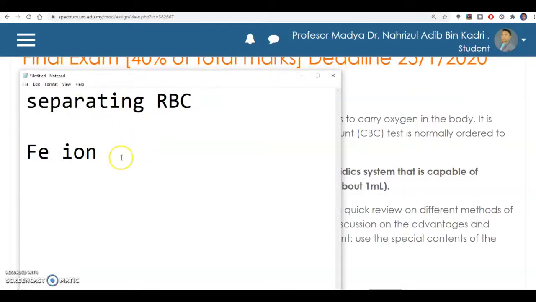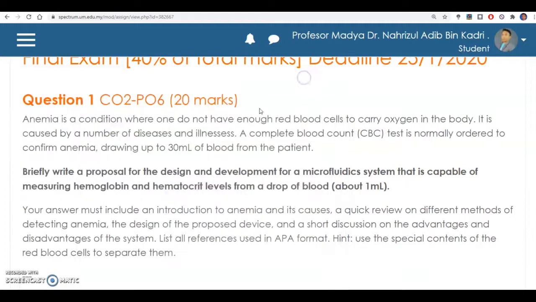So you separate them using magnets. Okay, but what do you do to detect the anemia? So I want your ideas. Ideas can be real, ideas can be imaginary, ideas can come from your readings, or not. Okay, so I want to hear that.